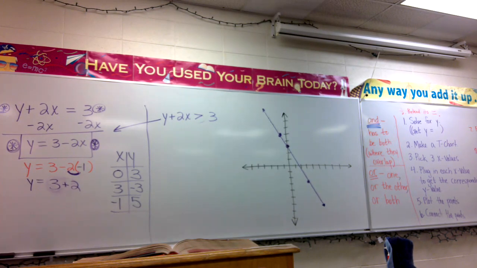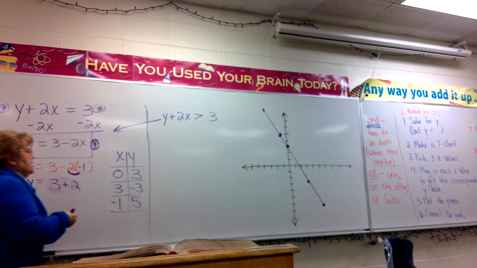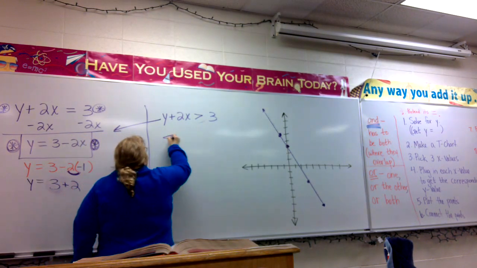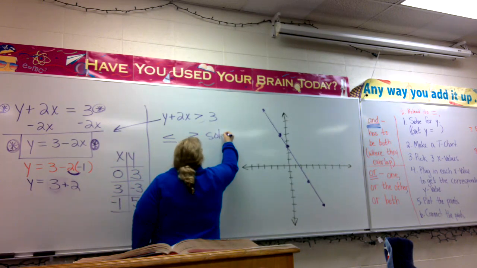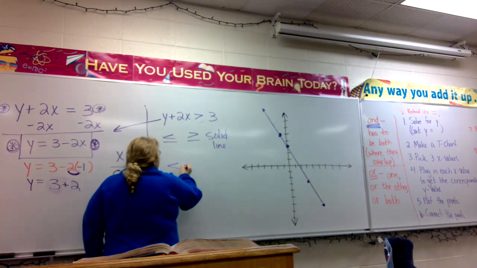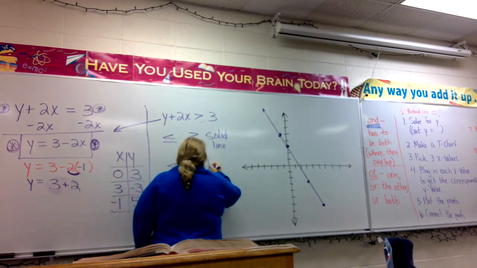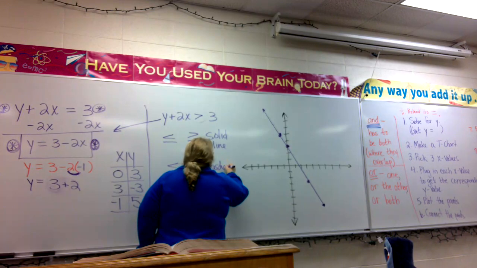Well, the same is true for the line. If it's greater than or equal to, less than or equal to, we do a solid line. If it's less than or greater than, it's a dashed line.